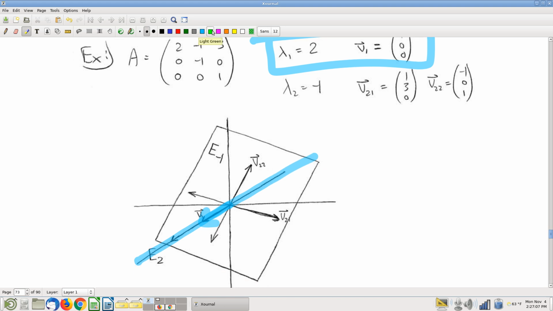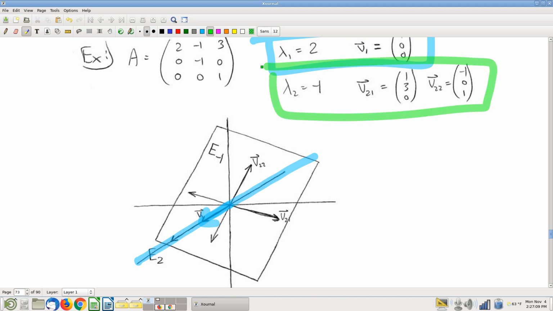And these two vectors, furthermore every multiple of those two vectors, or in fact even better, every linear combination of those two vectors just gets multiplied by -1.